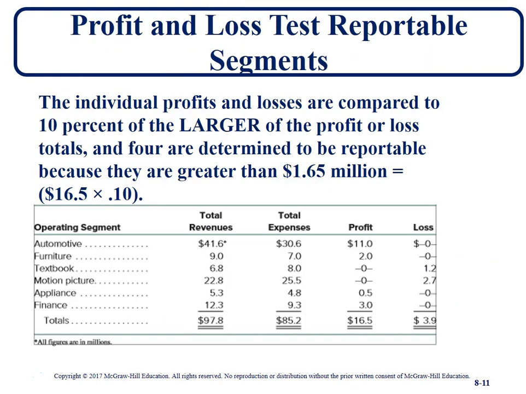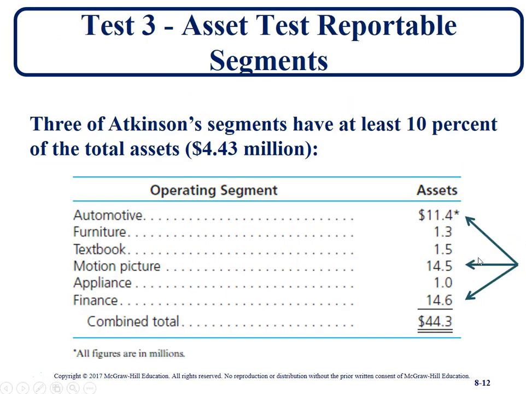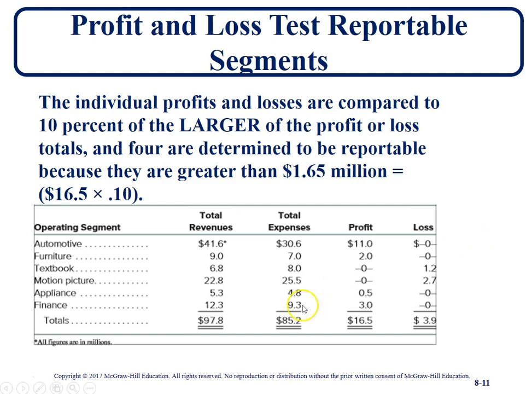Okay, so what we're doing here is looking at the total. Boy, I'm having a hard time here, folks. We want any segments that have a profit or a loss greater than 1.67. So that would be automotive, furniture, finance, and motion picture.